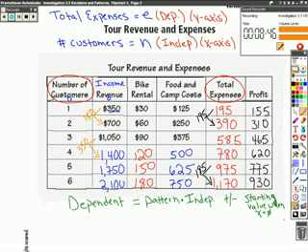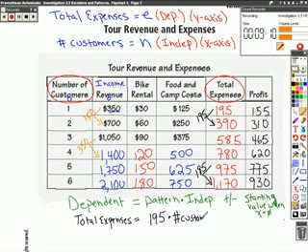So when I write this out, dependent is total expenses, my pattern is 195 times number of customers plus the starting value.